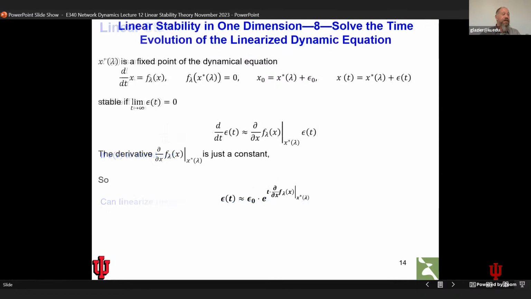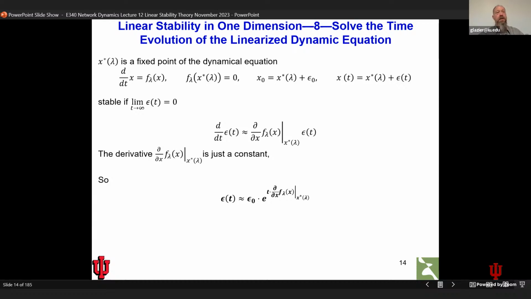When you see d by dt of epsilon is equal to a constant times epsilon, we know that the solution is exponential. And so now we can write epsilon of t is equal to our initial value epsilon 0, times e to the time times the slope d by dx of f of x evaluated at x star.